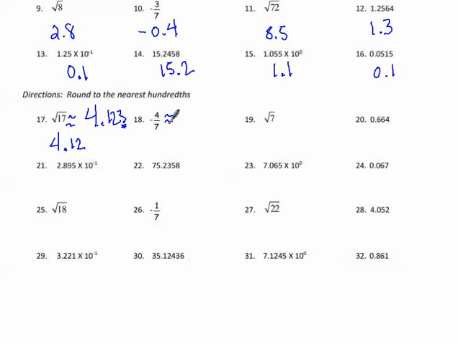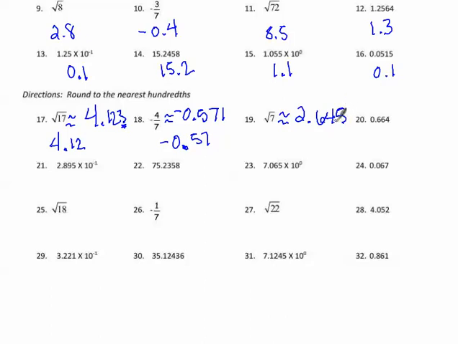Negative 4/7 is approximately negative 0.571. It is less than 5, so my hundredths place is going to remain the same. Square root of 7 is approximately 2.645.